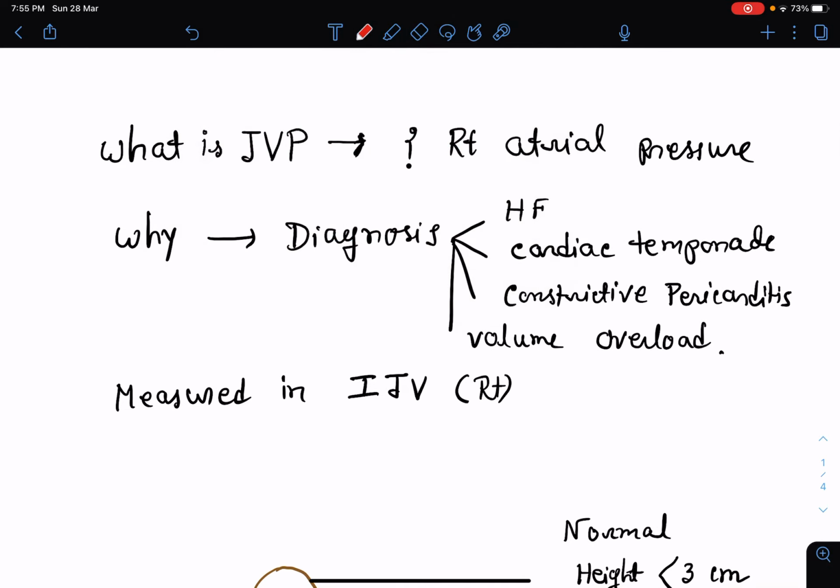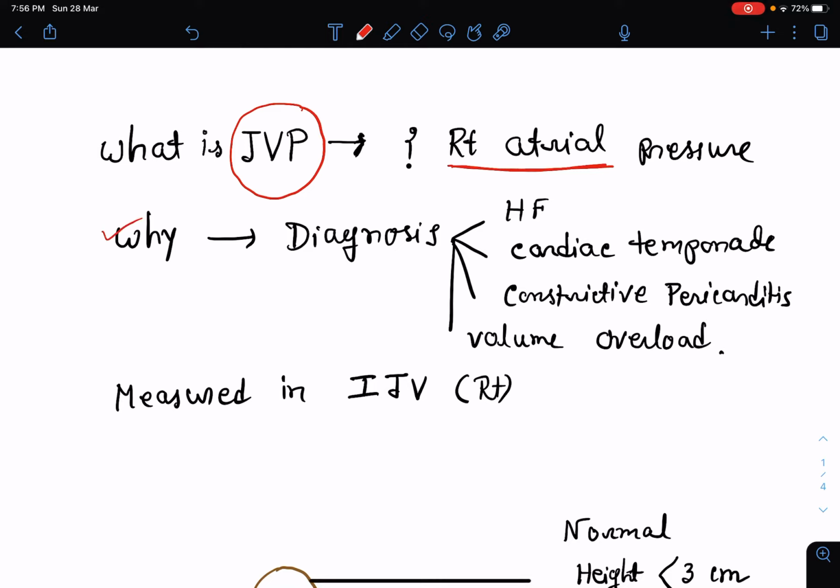JVP or jugular venous pressure is actually the reflection of the pressure changes in the right atria. The pressure changes in the right atria occur during the various phases of cardiac cycle, which is reflected back into the jugular vein. Now, why is JVP important?